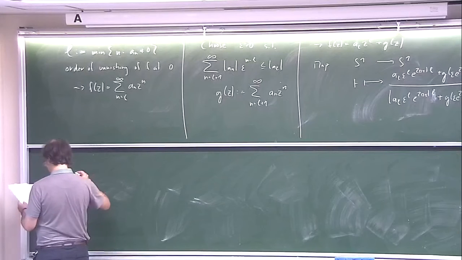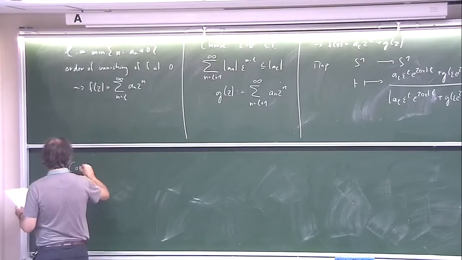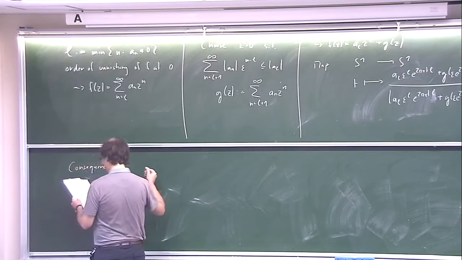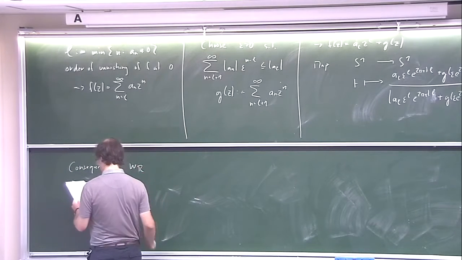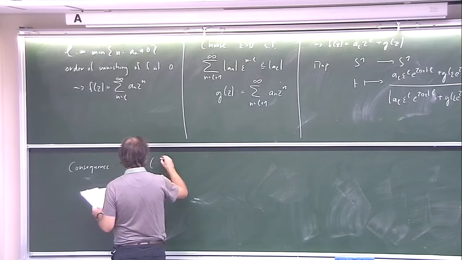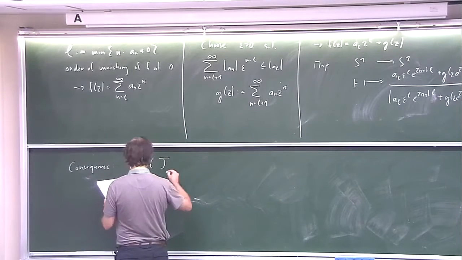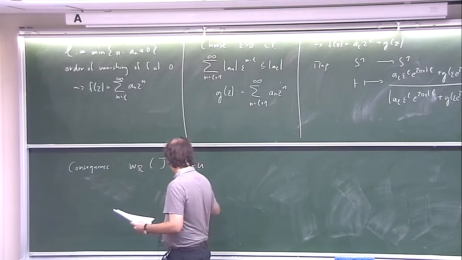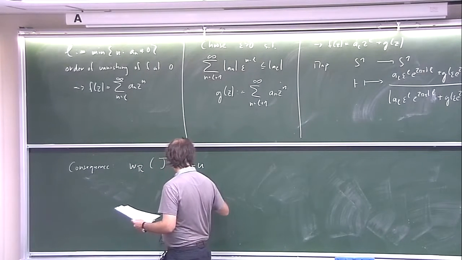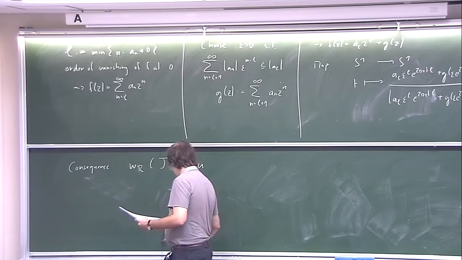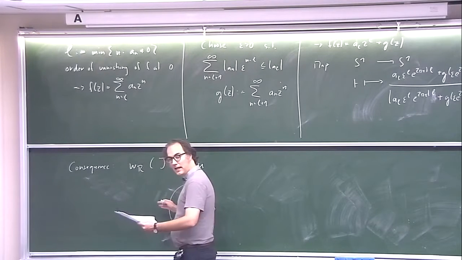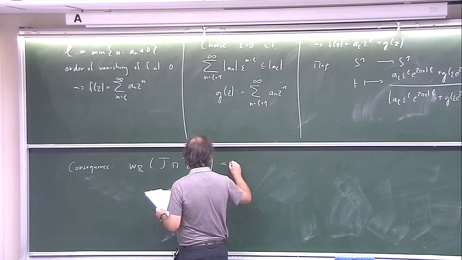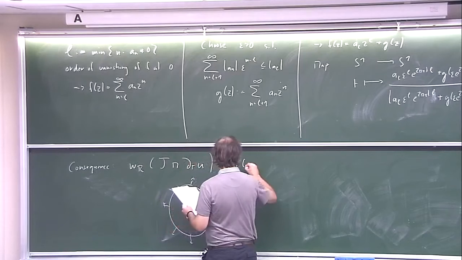So, a consequence: we have the winding number of tau pi dr, where now we take the radial derivative, not the x derivative. This equals w of eta.